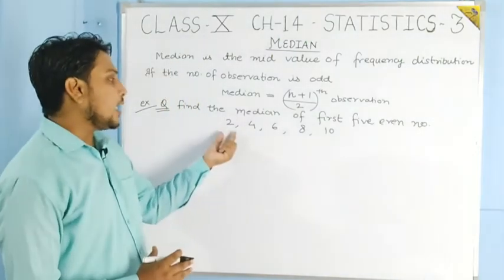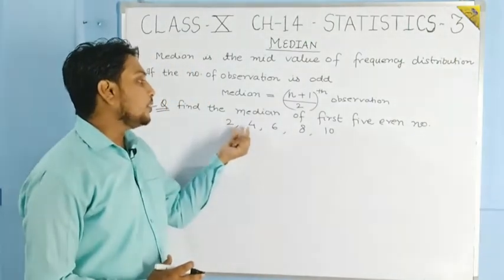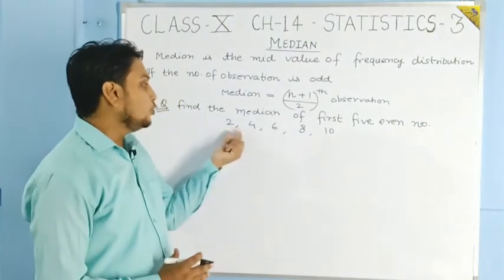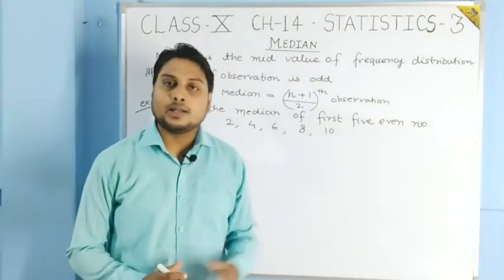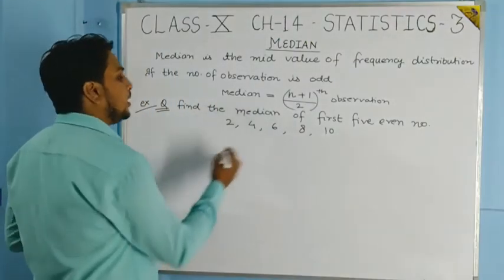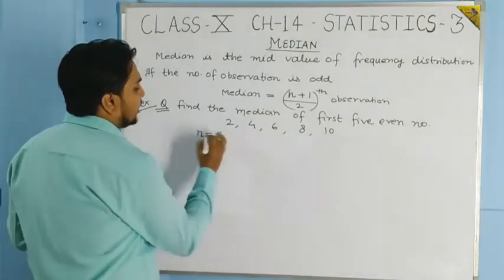Okay, so here they are already arranged: 2, 4, 6, 8 and 10, in ascending order. Now we have to find the median, and we know that n is equal to 5.